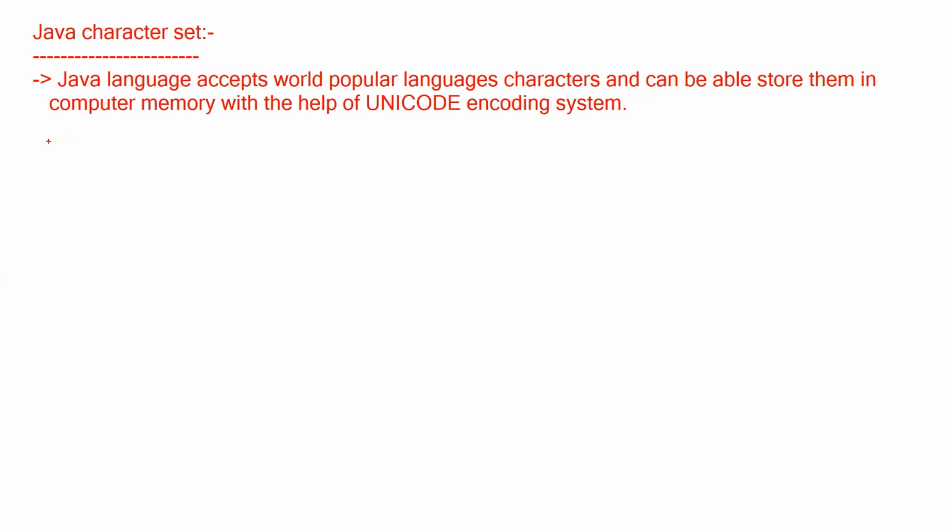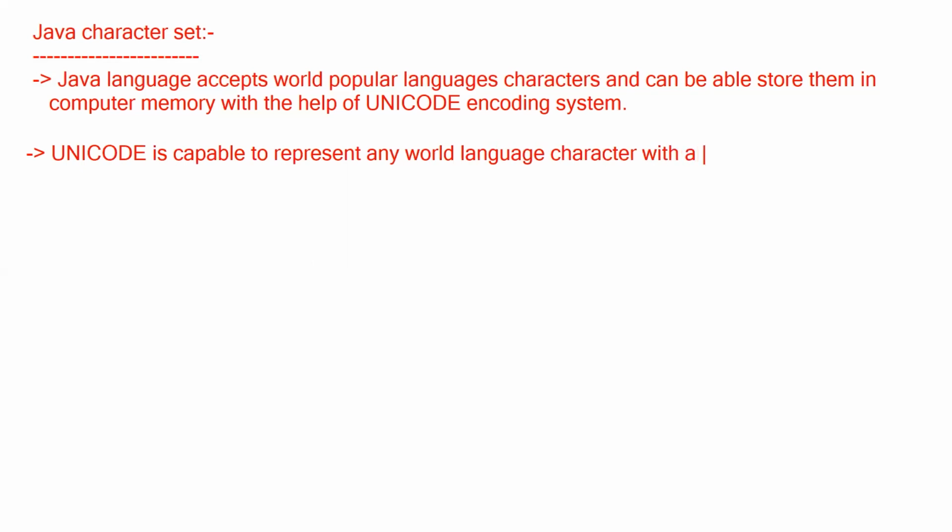So the Unicode system is an encoding system that provides a unique code for each worldly language character. Unicode is capable of representing any world language character with a unique code.